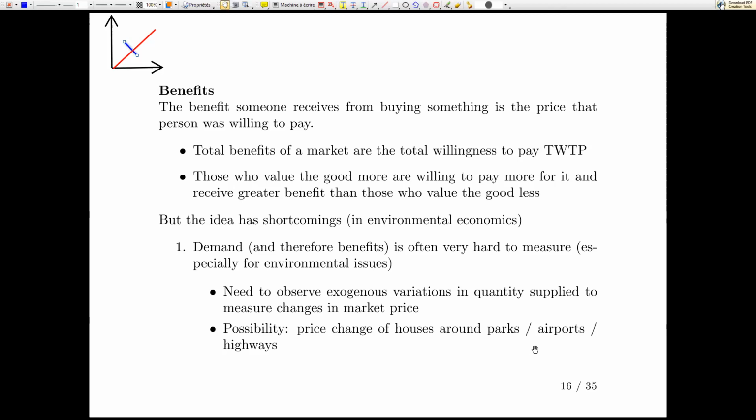If you can observe a gradient of prices, so you observe that the price is low near the airport and then it goes higher and higher as you move away, then that gives you a good idea that the value of houses near the airport is lower. That gives you a sense of how much people are willing to pay extra to not be close to the airport, or how much people are willing to accept bad air or bad pollution to get a better deal.